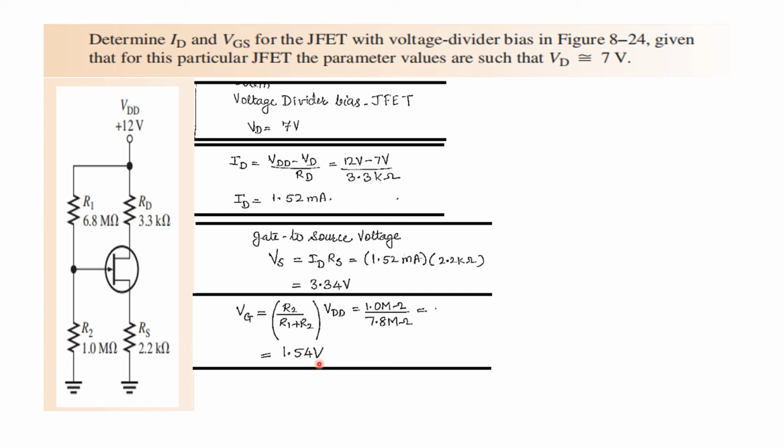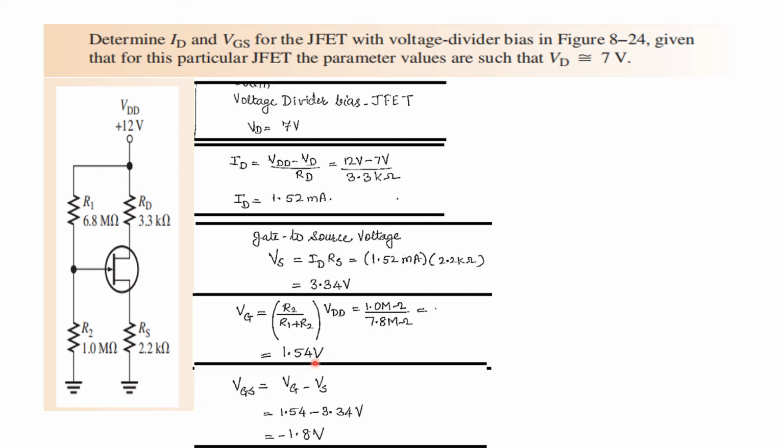Substitute the values of R1, R2 and VDD. So it comes out to be 1.54 volts. Lastly, you take the difference of these two voltages, Vg and Vs, and find VGS, which is minus 1.8 volts. So when VGS is negative, it certainly shows that this given configuration is in the active region and it is working in a linear region.